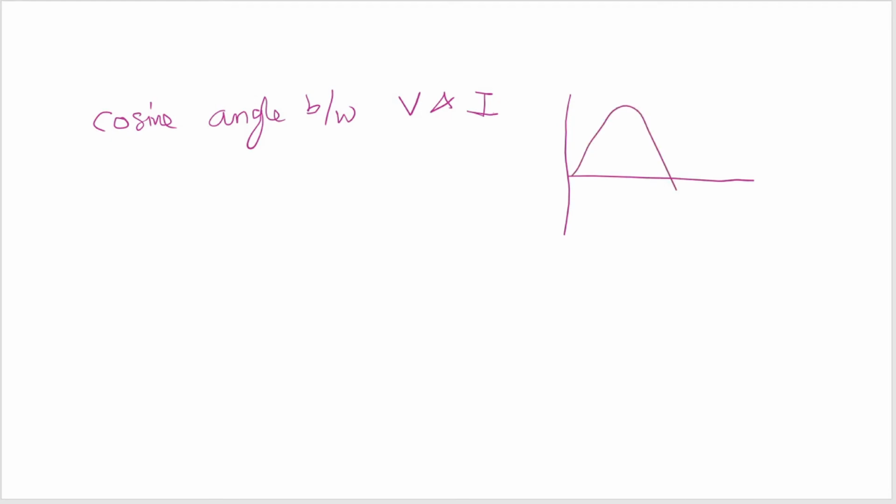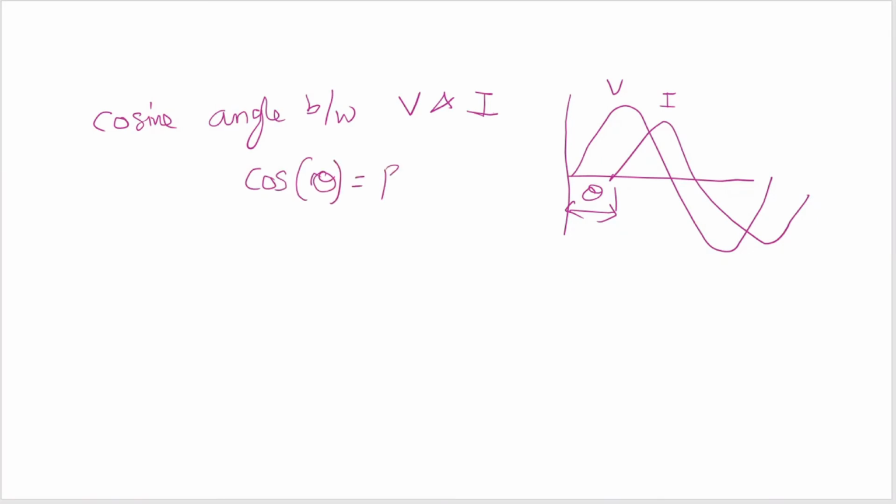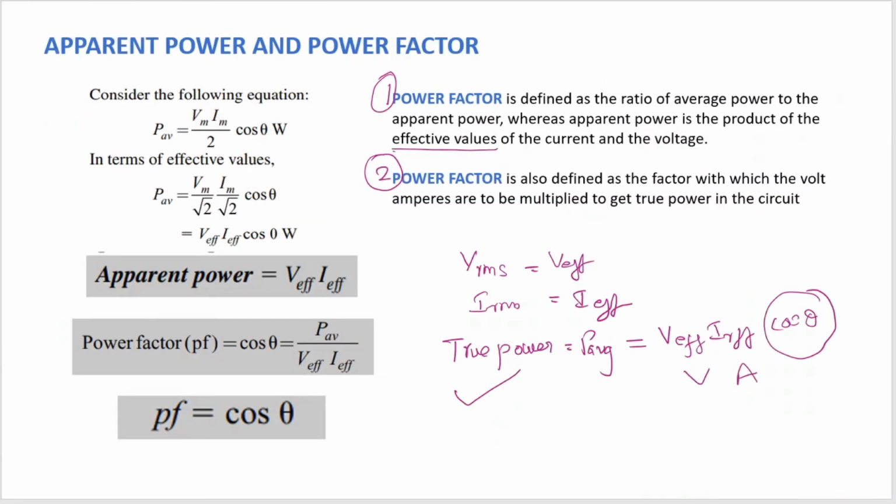Suppose this is the voltage waveform and this is the current waveform, and theta is the angle between these two waveforms. Then cosine of theta is your power factor. So how many definitions are there? Three. This is the third definition, this is the first definition, and this is the second definition.